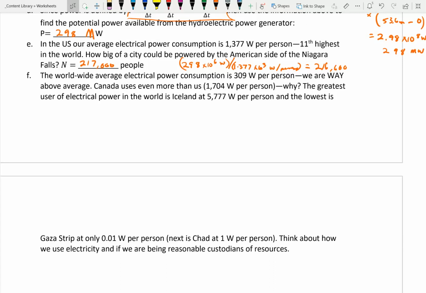And that's the reason why we have legislation to try to move Americans from incandescent light bulbs, of which only 5% of the energy that we use in an incandescent light bulb goes into lighting. The rest of it goes into heating. So those light bulbs are much better heaters than they are light producers.